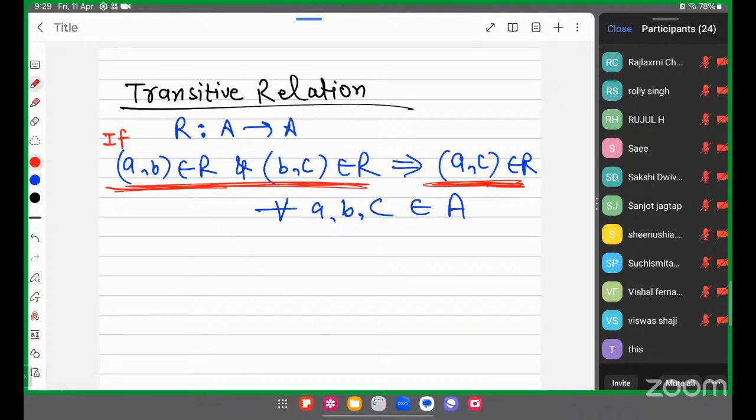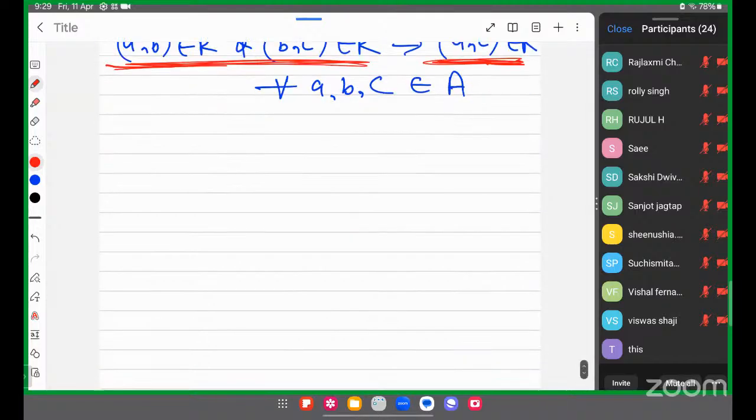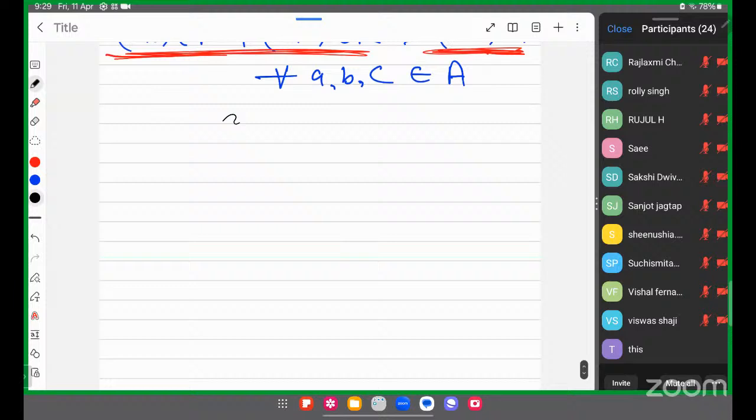So if I have at least one element for which transitivity does not hold, I will state that the given relation is not transitive. So for a relation to be transitive, it has to be transitive for all the elements. Understood?